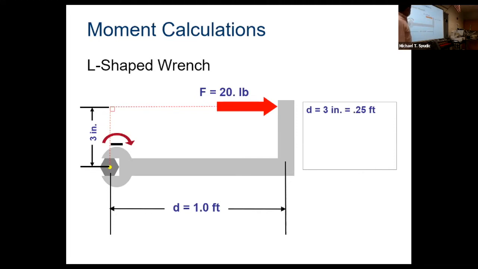So it's going to be, I'm sorry, not 3, but 0.25 times the 20 pounds of force. So we should get our answer, which would be negative 5 foot-pounds. Okay? All right. Next.